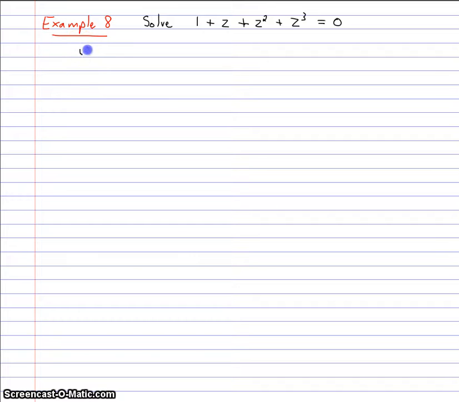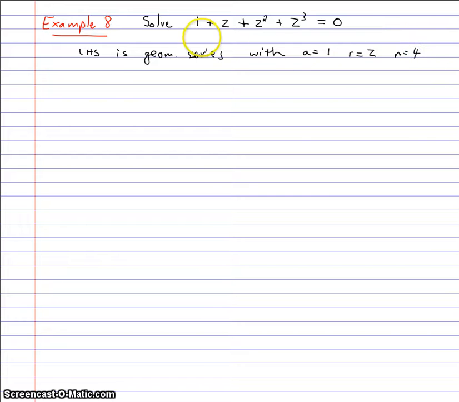So, given our left-hand side is a geometric series, with our first term equaling 1 and our common ratio equaling z over 1, z squared over z, which becomes z over 1. So our common ratio is z, and the number of terms equals 4.